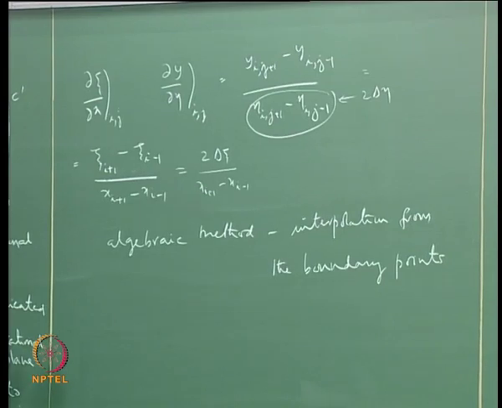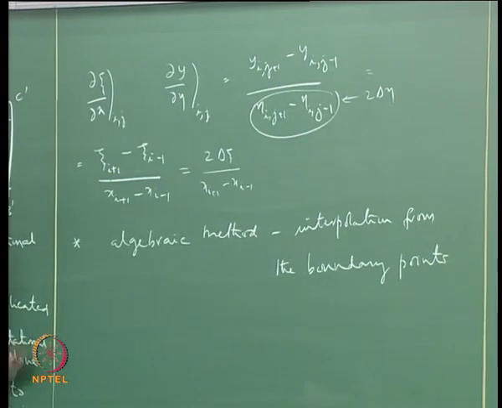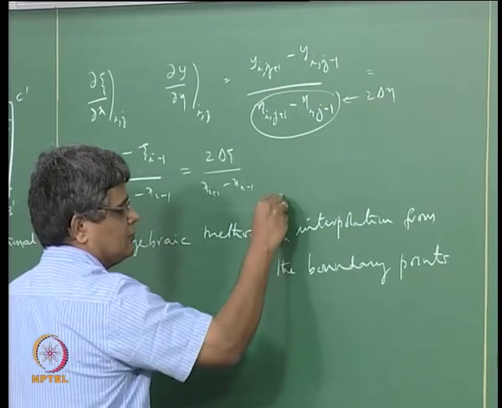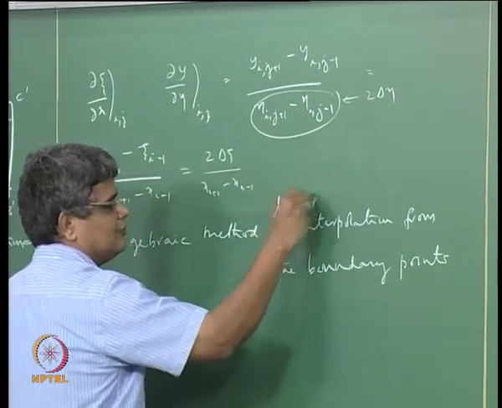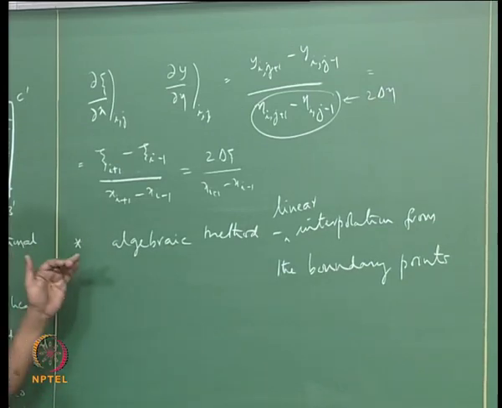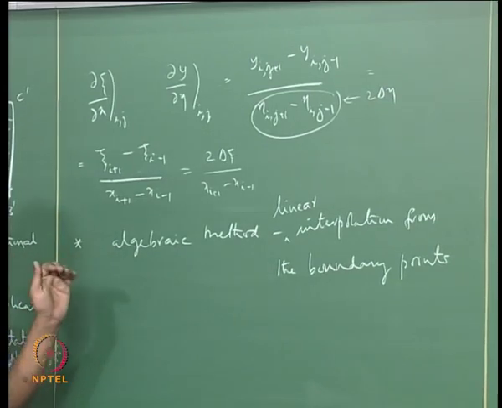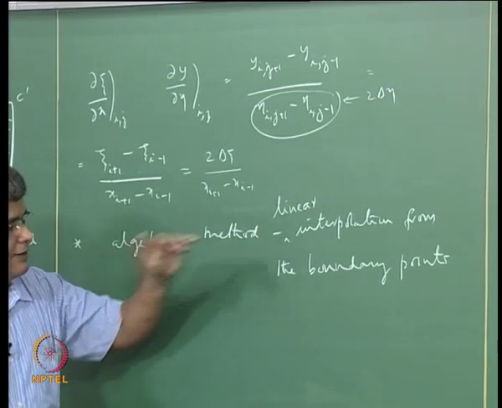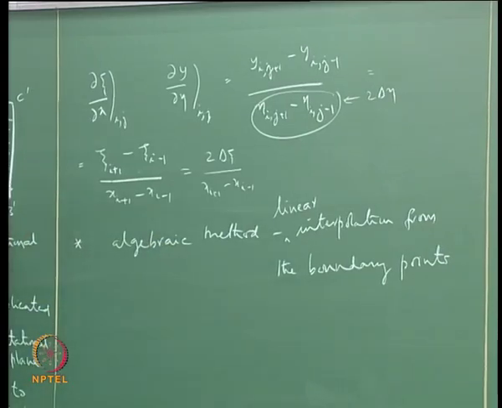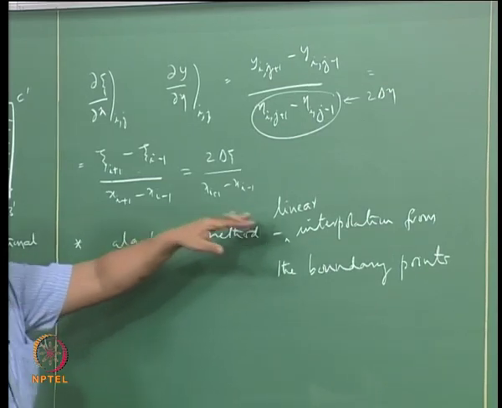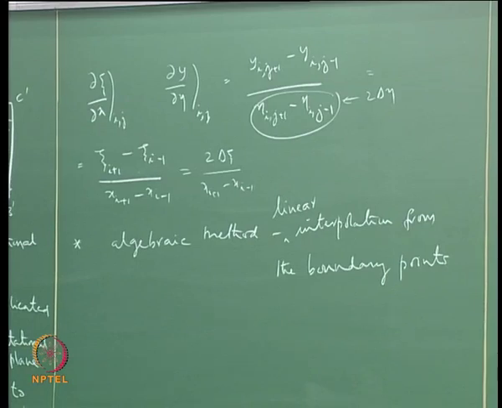We know that interpolation is essentially linear interpolation, and this is a fairly easy way of doing it, and we will see how it can be done. It has its advantages because of the ease with which it can be done, but the fact that it is linear interpolation creates some problems.